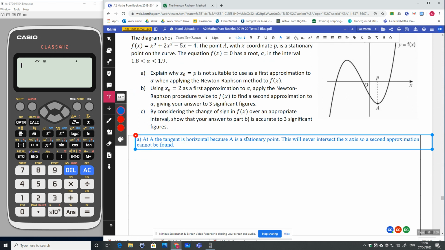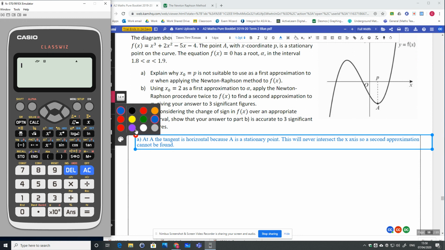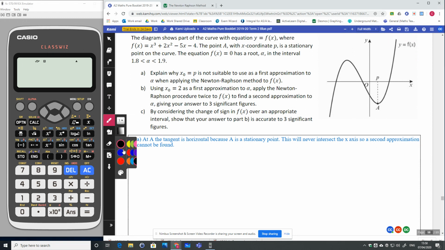Okay. So part B, by using x0 equals 2 as a first approximation to alpha. We need to apply Newton-Raphson twice. So there's going to be marks for differentiating, so f dashed. Quite a nice derivative here.